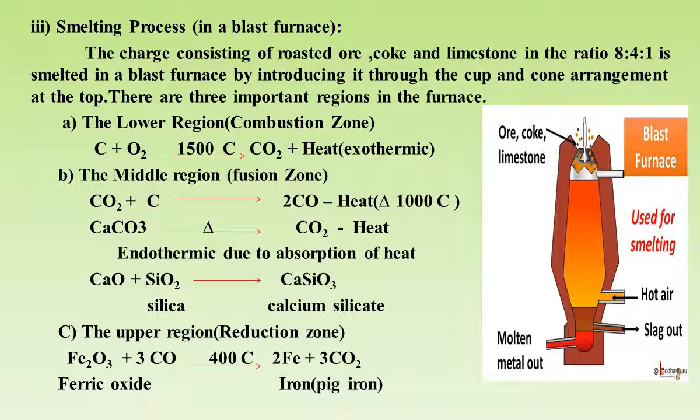In the upper region, the reduction zone, ferric oxide reacts with carbon monoxide at 400 degrees Celsius, and we get iron, pig iron, with carbon dioxide. So finally we got iron from the reduction zone. So this is the smelting process.